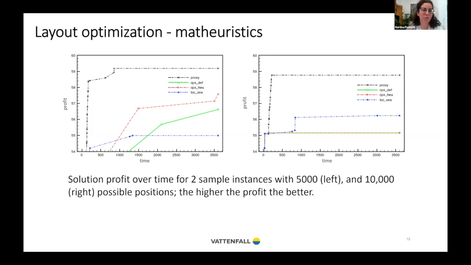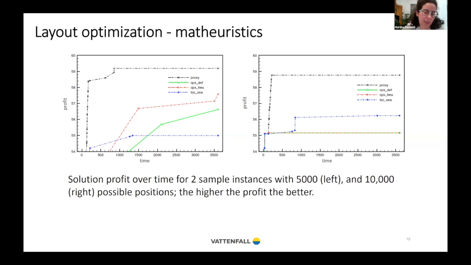And on the y-axis, we have profit, so we want to be as high as possible because we want the highest possible profit. We are comparing our methodology, indicated in black as proximity search, against purely mathematical models in green and red, and purely heuristic methods, for example local search, represented in blue.